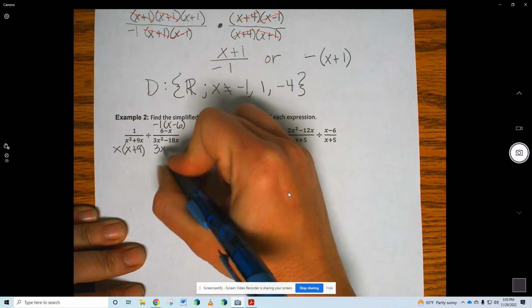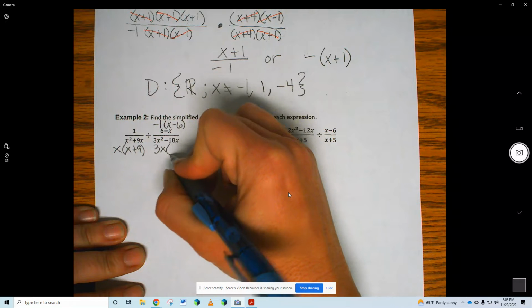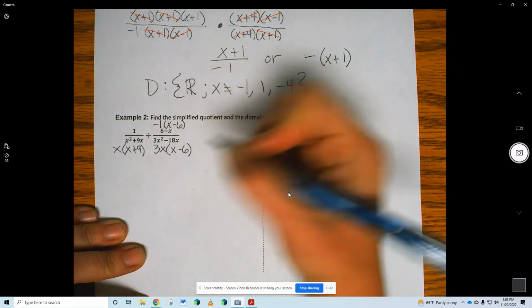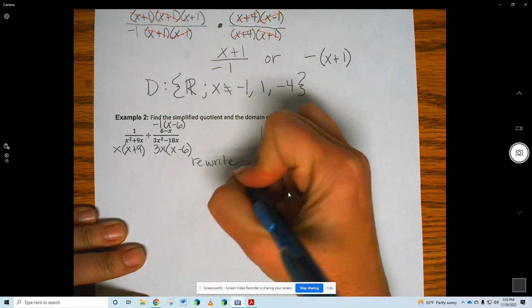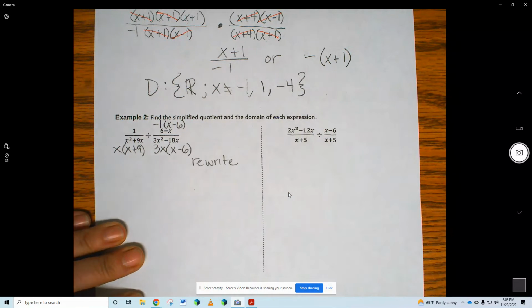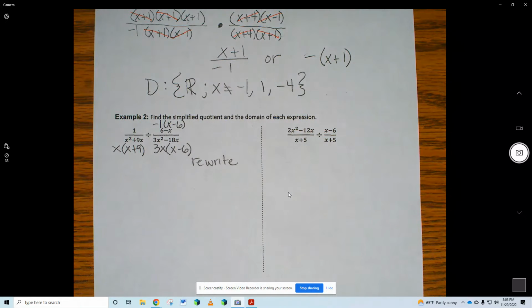The denominator of this one can be 3x, x minus 6. So factoring, there's some GCF, right? I'm going to reciprocal the second fraction.